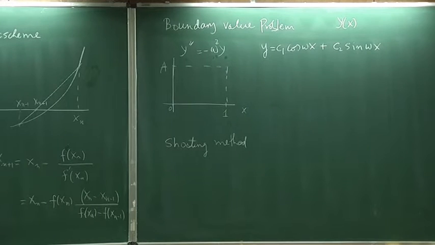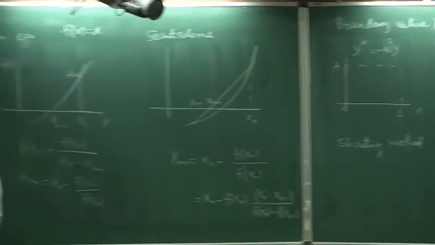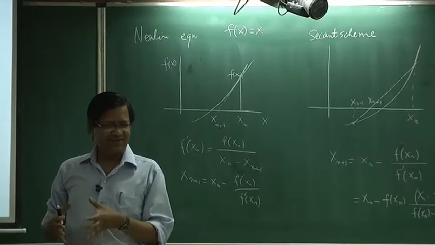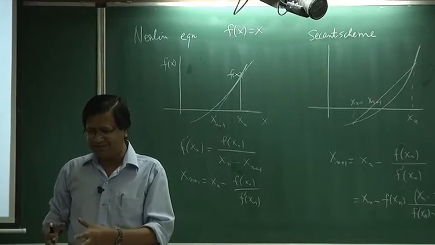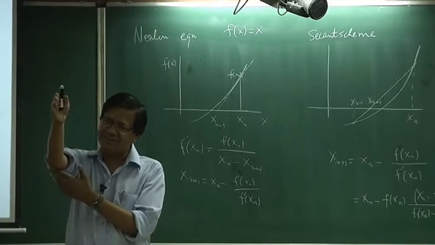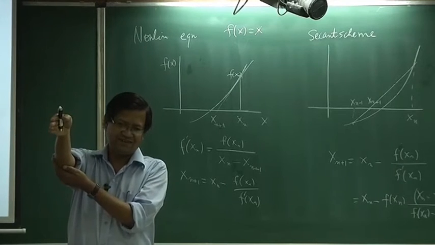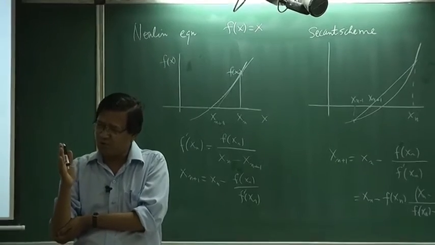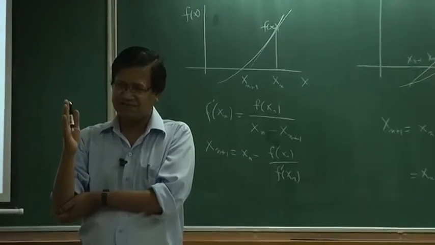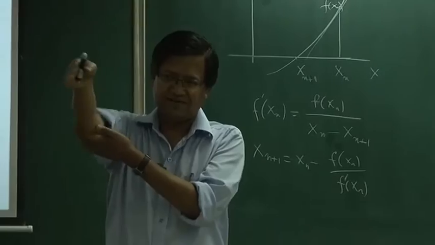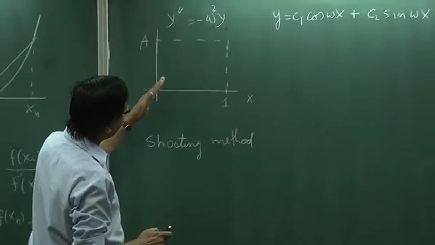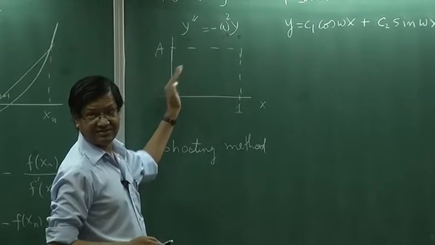Suppose you want to hit a target, then you need a person who is very experienced, since they did not have computers. This person will align that projectile in such a way that it will fall on the target. So you need to find the slope, the initial velocity, so that it hits the target. That is what we will do here. I have to find a slope so that I hit the target. Exactly the same thing.